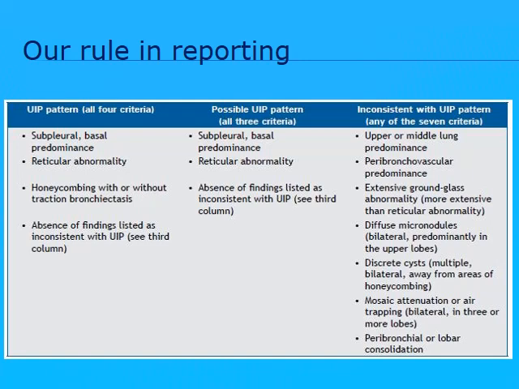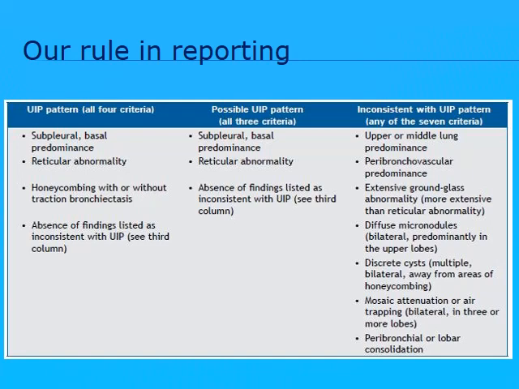Our role in reporting these types of idiopathic pneumonias or cryptogenic pneumonias is to differentiate between three categories. Number one, UIP pattern or definite UIP pattern. Number two, possible UIP pattern. Number three, the pattern is inconsistent with UIP.